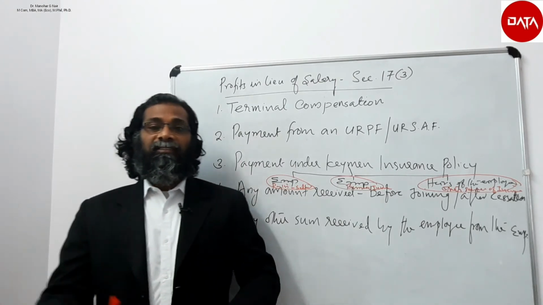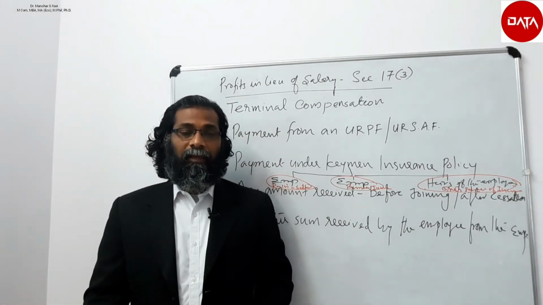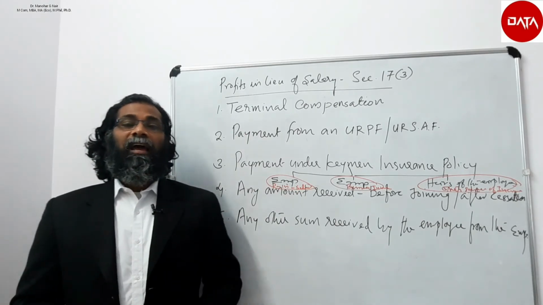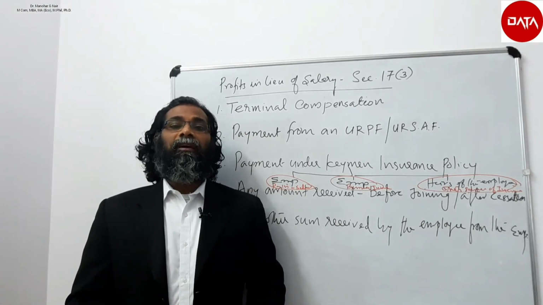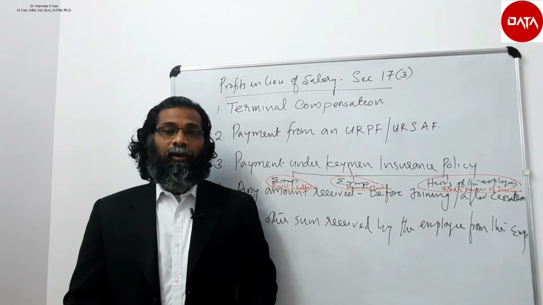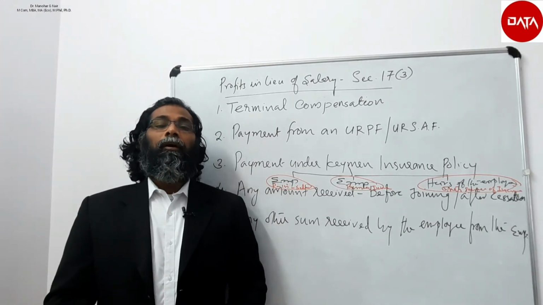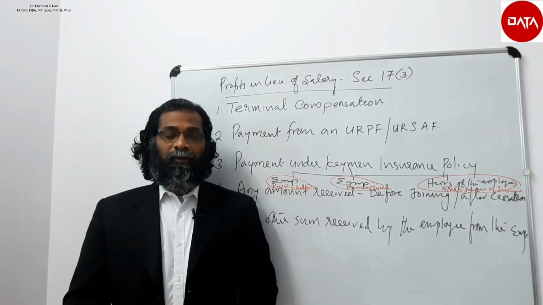When we discussed the meaning and definition of salary, it is said that salary includes wages, annuity, pension, fee, commission, leave salary, and profit in lieu of salary. So this is one of the important components for the computation of taxable salary.